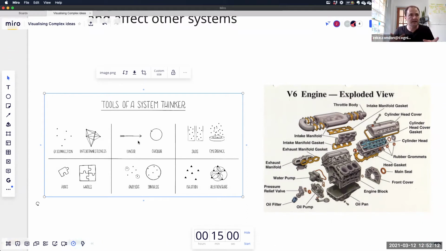Looking at the linear groupings of things, like timelines, or cause and effect, versus circular, where there is no simple line. Looking at the silos of information versus information that emerges as a result of something. Then looking at parts versus wholes, like subsystems and systems. Analysis versus synthesis, so looking back versus looking forward.